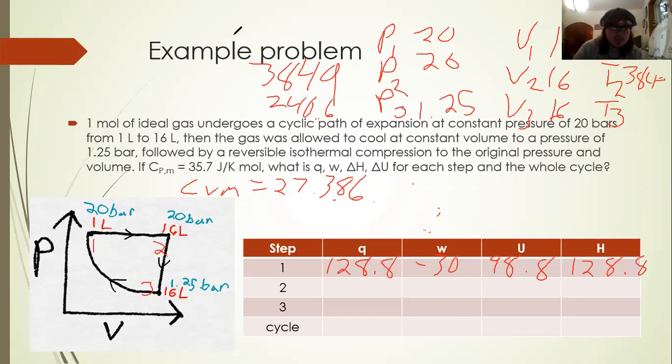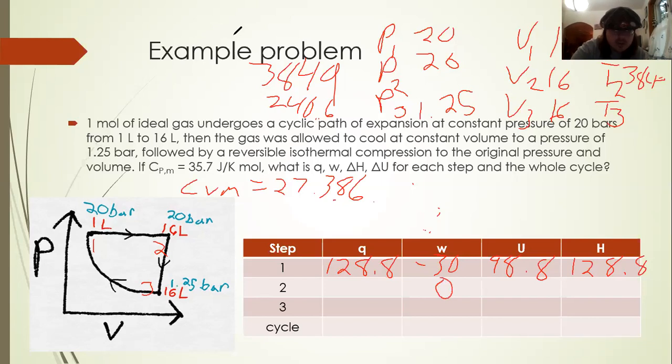Step two. Step two is our volume stays the same, pressure changes. So P delta V, so this is 0.